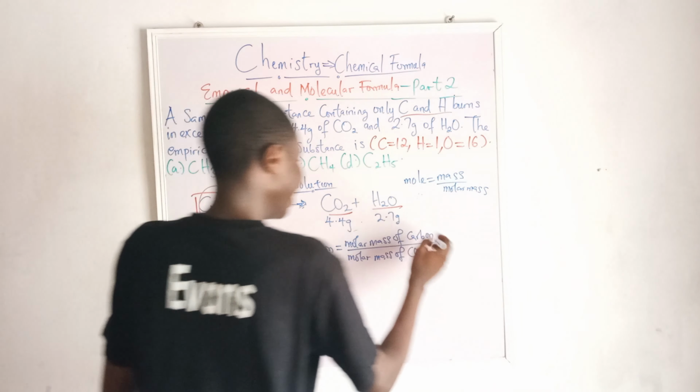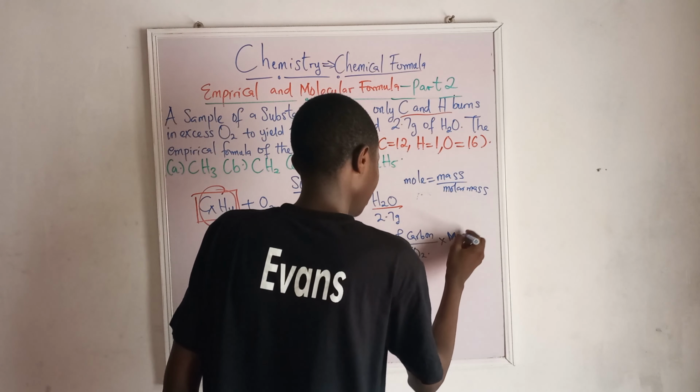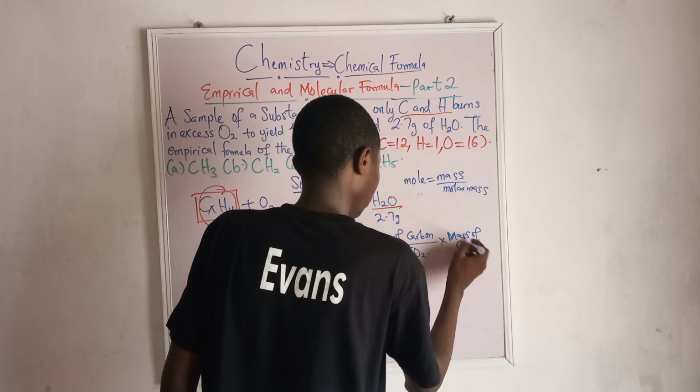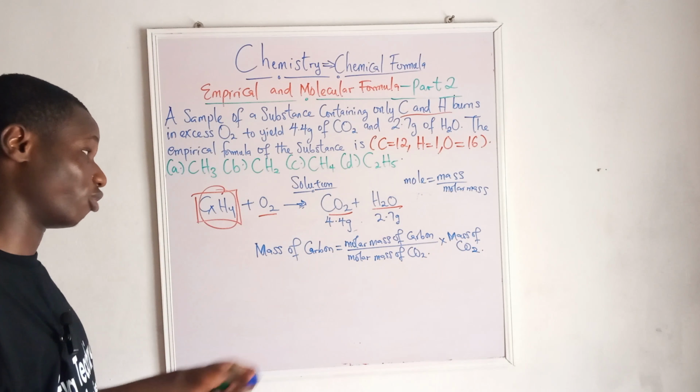Now you will multiply it by the total mass of CO2. So that's what we are going to do. The same thing for hydrogen. That's what we are going to do for hydrogen now.